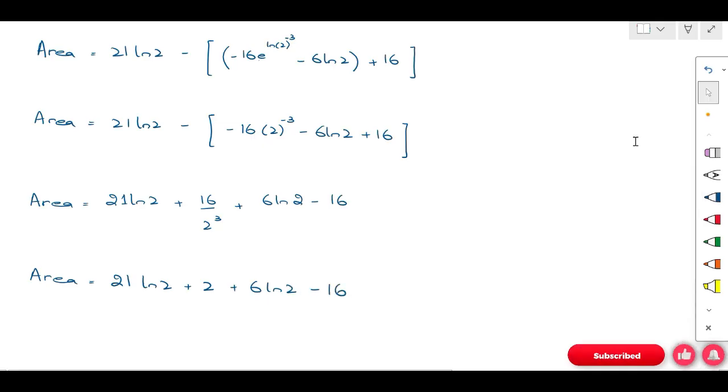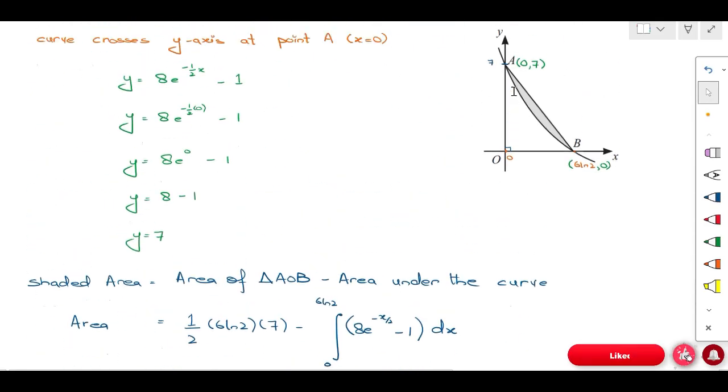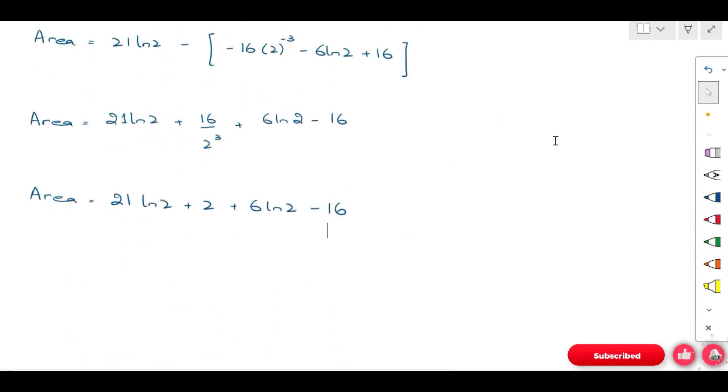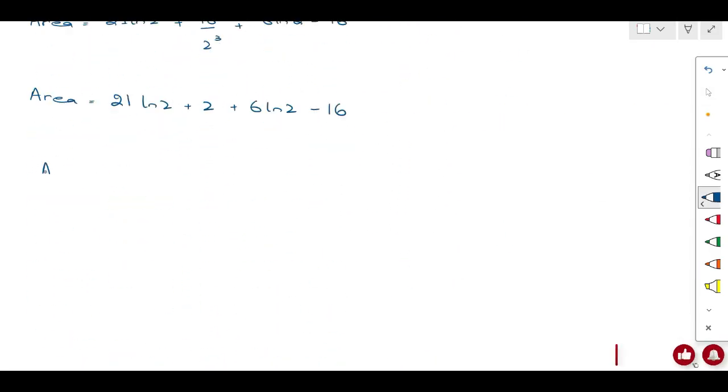So we need to find it in the form of P natural log 2 minus Q. First terms are natural log of 2. So area would be equal to combine the natural log of 2's, right? In 21, when you add 6, the answer is 27 natural log of 2, and 2 minus 16 is negative 14.